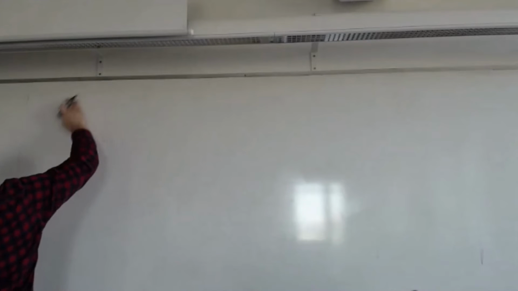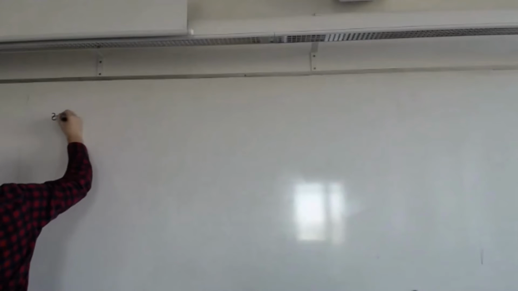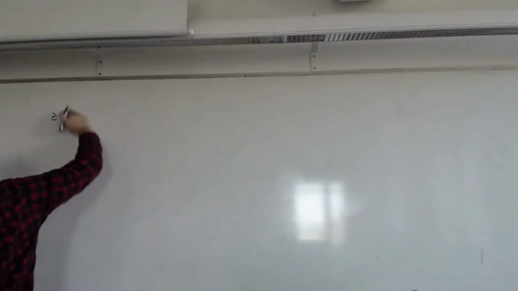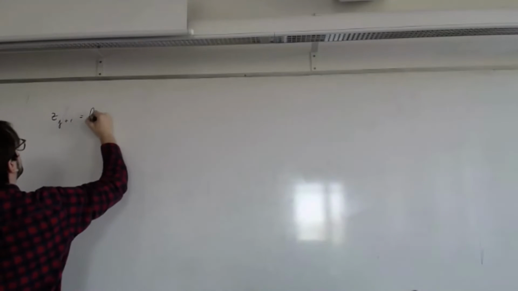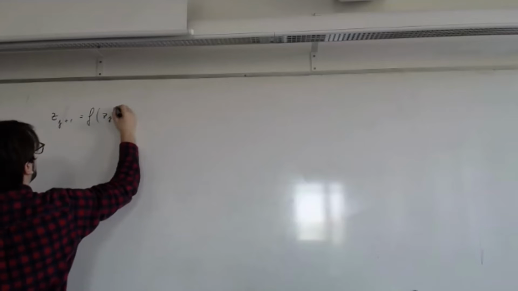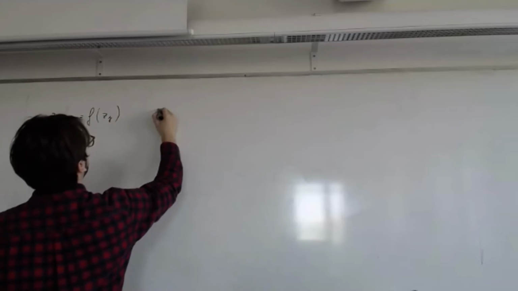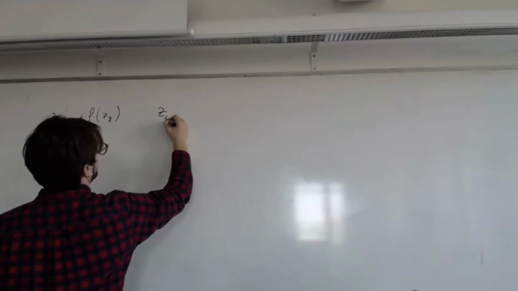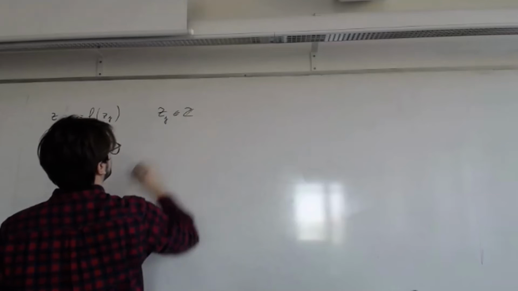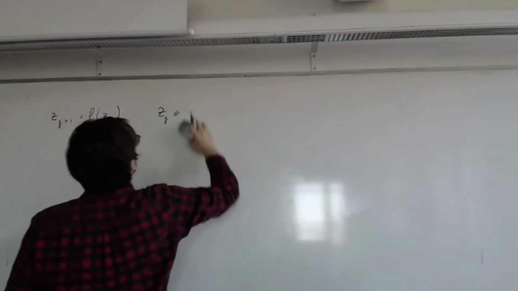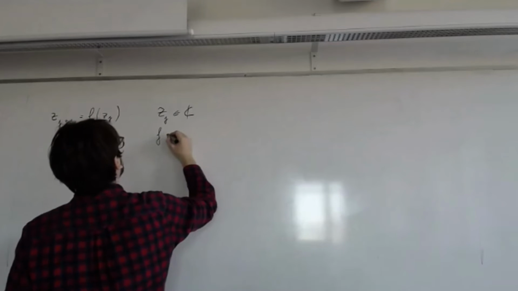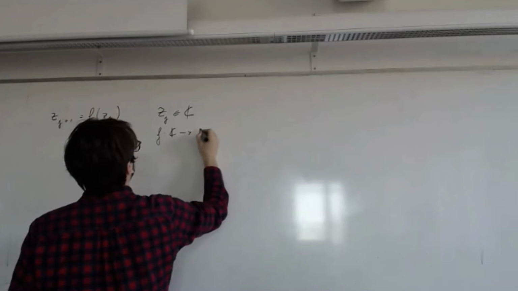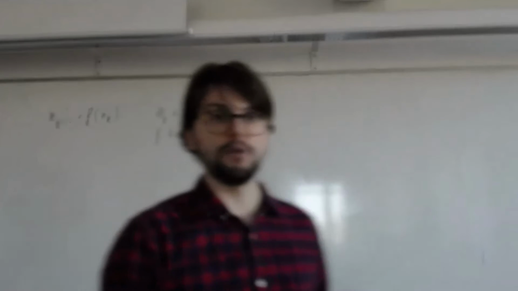So if you take a one-dimensional map, but in the complex plane, z_{j+1} is a function of z_j, where z_j belongs not to the reals but to C, the complex numbers, and f in this case is a function that takes a complex number and maps it into a complex number, of course.